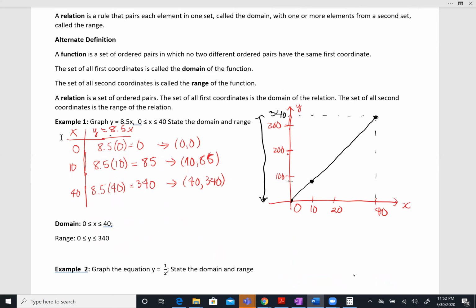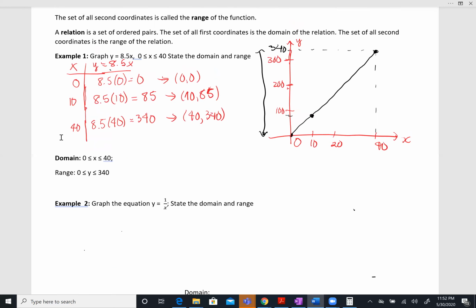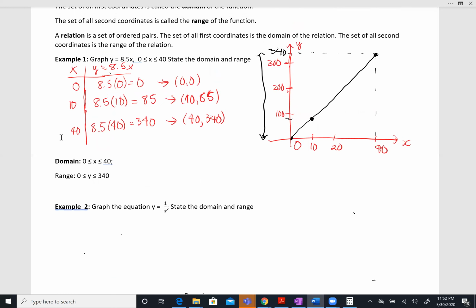Let's move to example 2. In here, I give you y equals 1 over x. It is a rational function, or I mean rational equation. Since you learned in college algebra how to graph rational equations, you should know the horizontal asymptote.